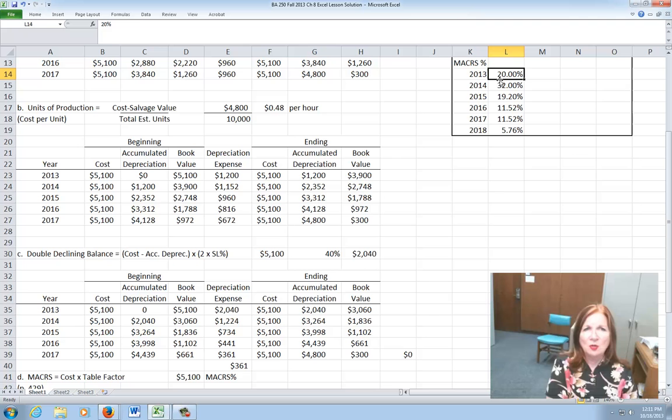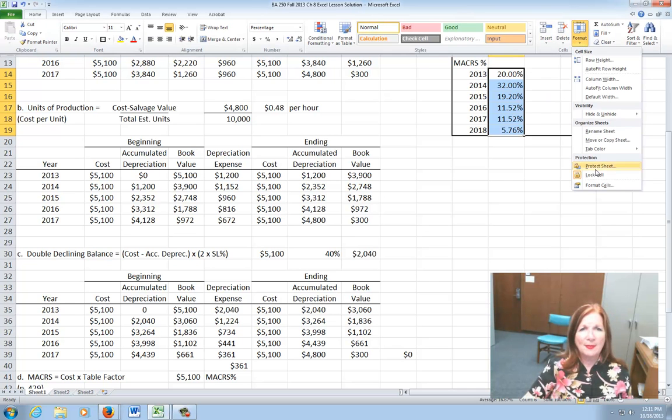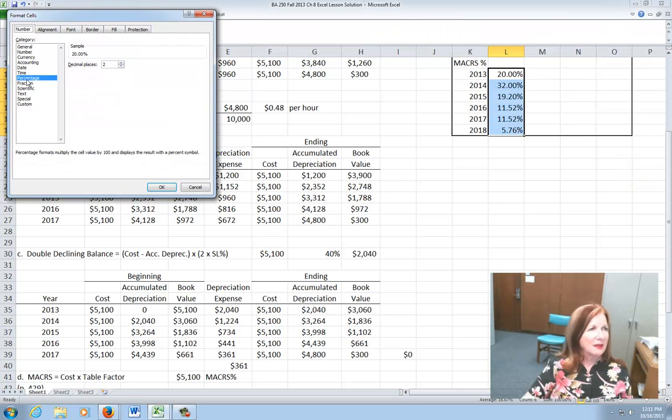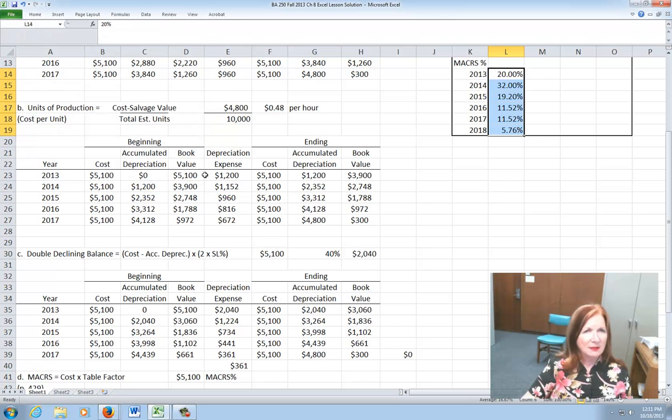And then you also have to format this. So you're going to format all of these for percentages. We're going to go to Home, to Format Cells, to Percentages, and to 2 decimal points, and say OK. And then in here I'm going to put 0.20, enter, and it comes out that way.